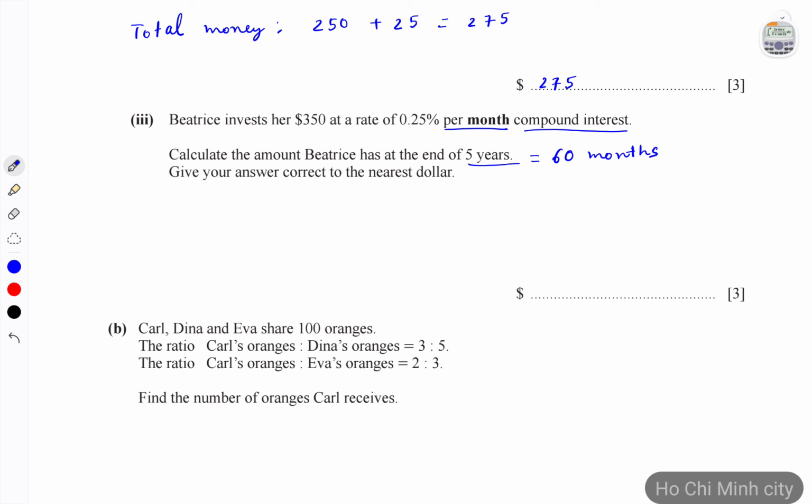So now we can apply the formula for working out the compound interest. The total amount would be 350 times (1 plus 0.25 divided by 100) to the power of 60.